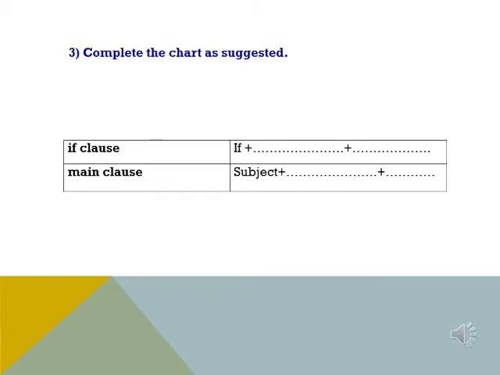3. Now try to complete the chart as suggested. So we have if clause, so it's if plus, and we have the main clause, it's a subject, plus. Yeah, you're right.